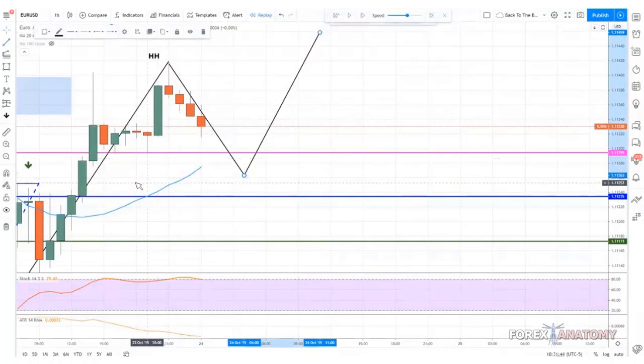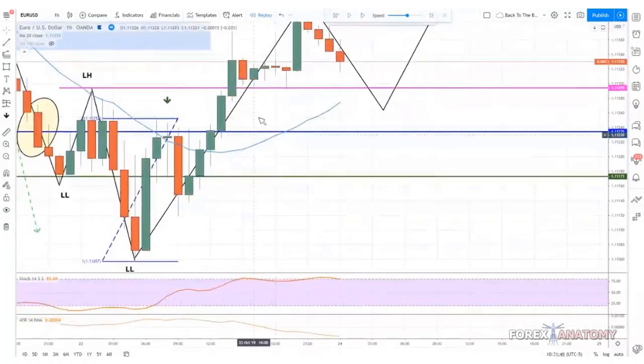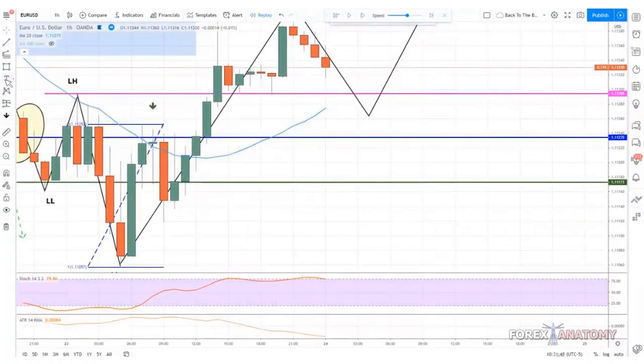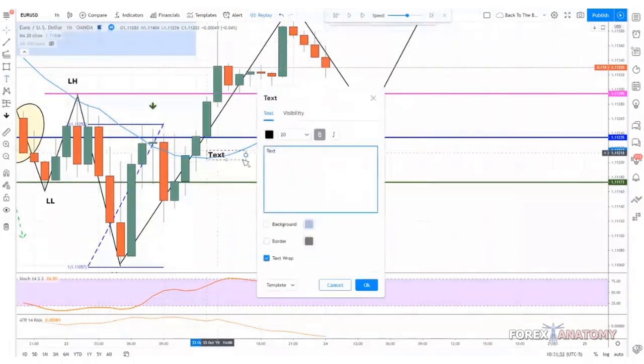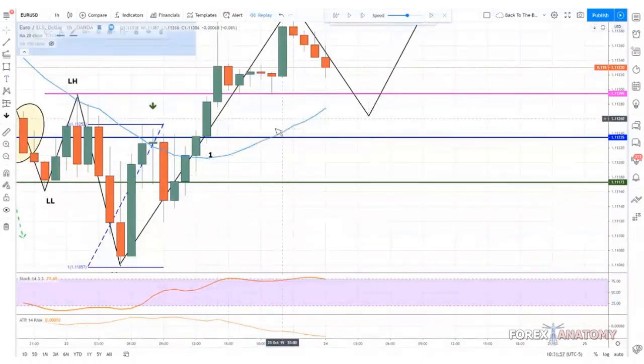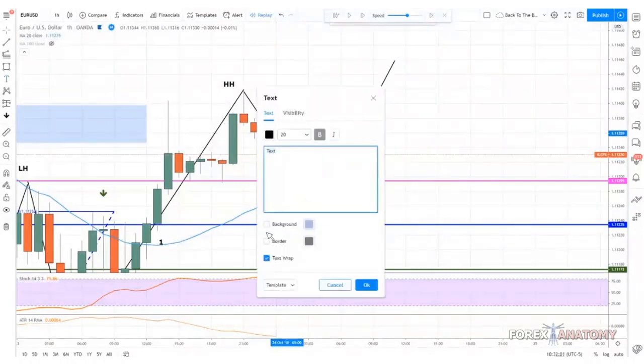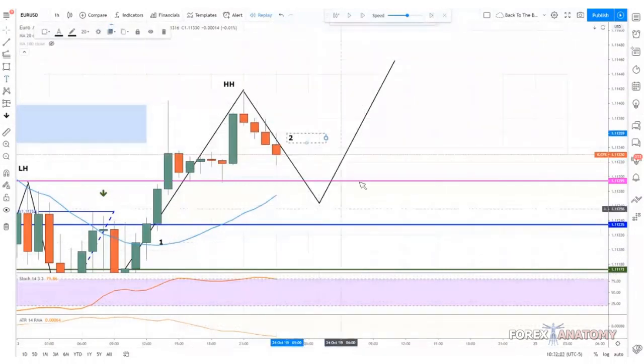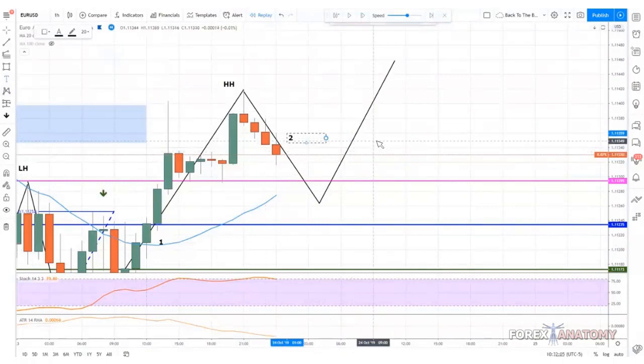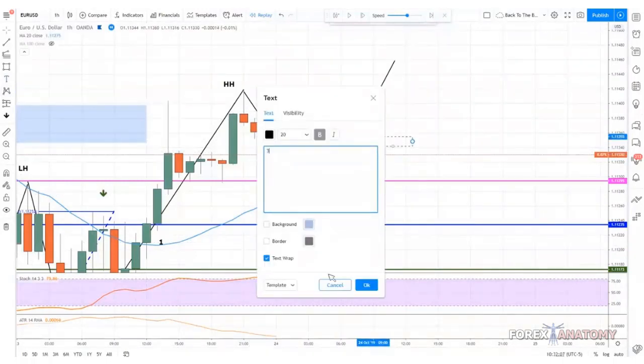You could wait and look for this 1, 2, 3 move. Remember, we talked about that on one of our meetings. We have a move, which would be considered leg 1. And then the pullback will be considered leg 2. And then this move right here will be considered leg 3.